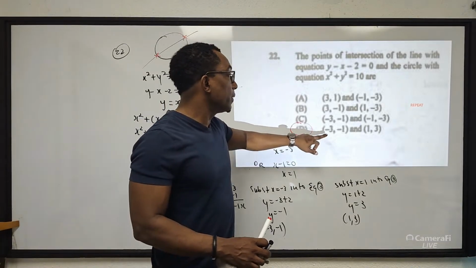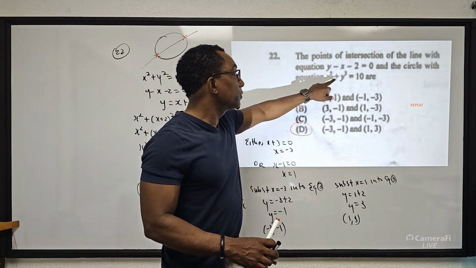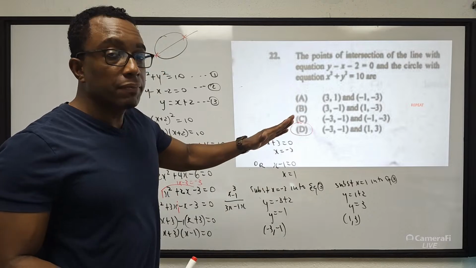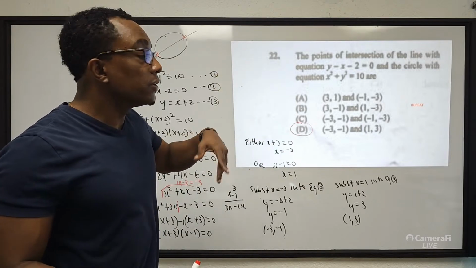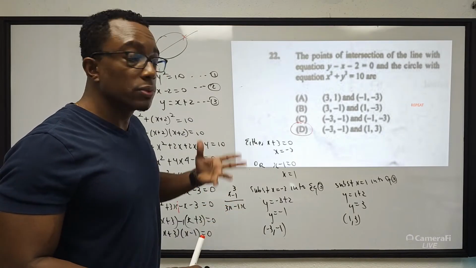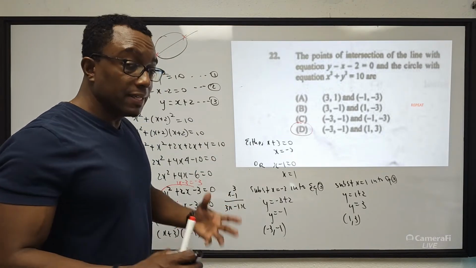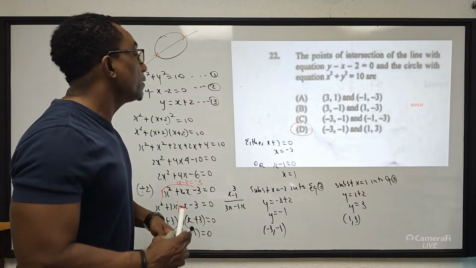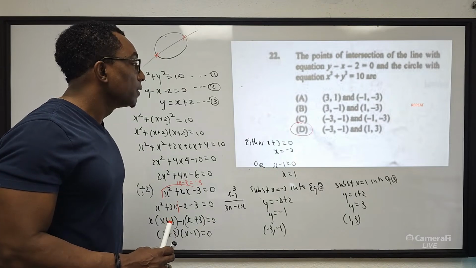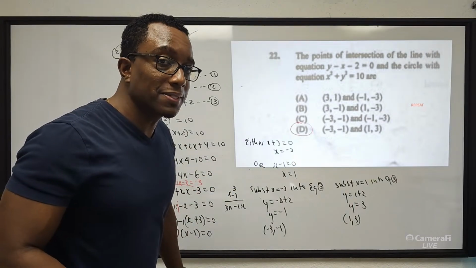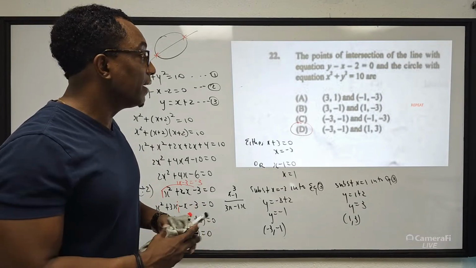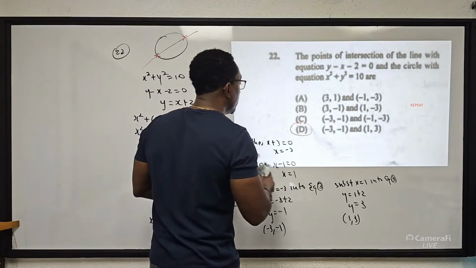Similarly, when you substitute x as negative 3, y as negative 1 and you work it out, you're supposed to get 10. And then you do the same thing for 1, 3. So you must also get 0 when you substitute and 10 when you substitute. So then you know automatically those are the coordinates. Good? So an even easier way to get the answer. But of course, beyond CSEC purposes, let's make sure we know how to solve simultaneously linear and non-linear. Alright? So let's move on to 23.